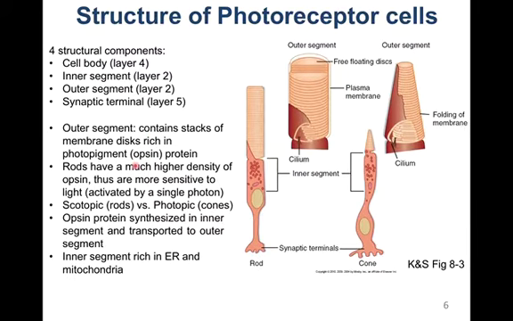So photopigment, the light-sensitive protein, is opsin plus retinol. Opsin itself is not light-sensitive. For it to be light-sensitive, we need opsin, rhodopsin in the case of rods, cone opsins in the case of cones, plus retinol. And these vesicles are constantly being made and packed with opsin and pushing out.